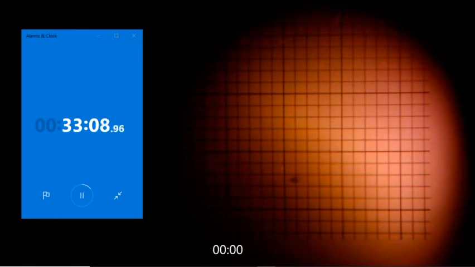How many? Hang on. Volts. 391.5 volts. But right now voltage is off. And top plate positive, right? We're going to do top plate positive, yeah.